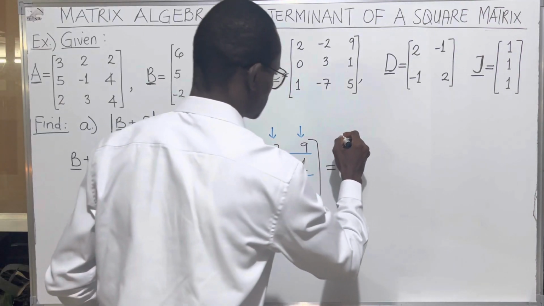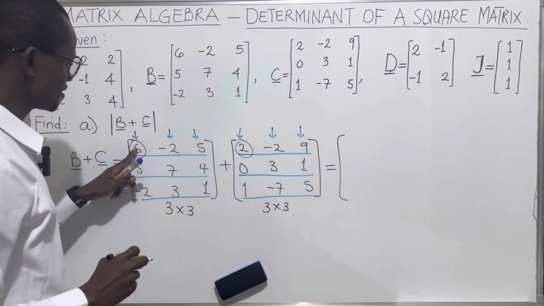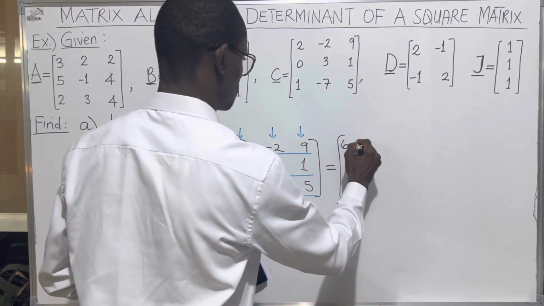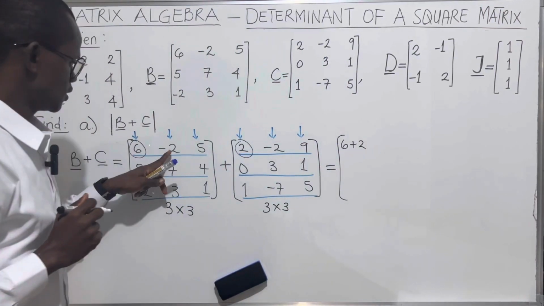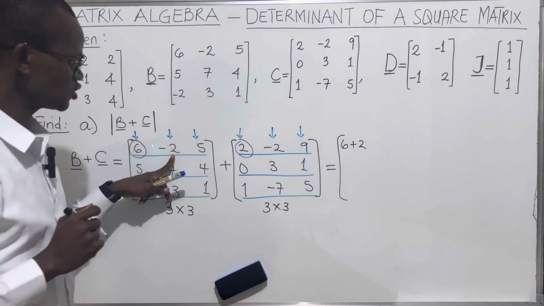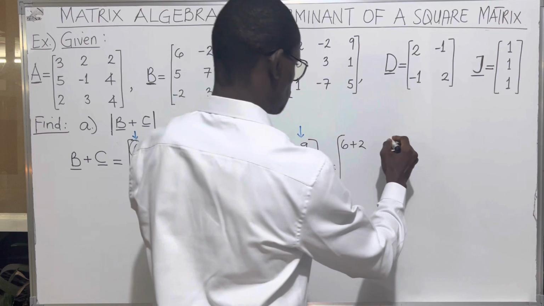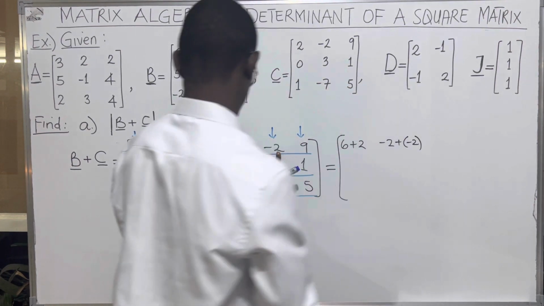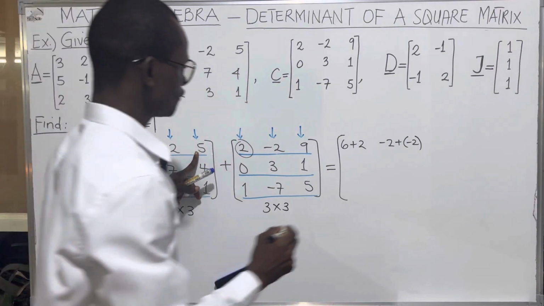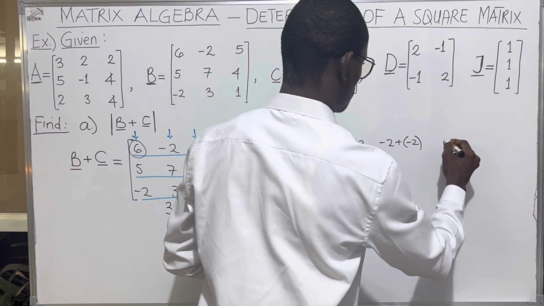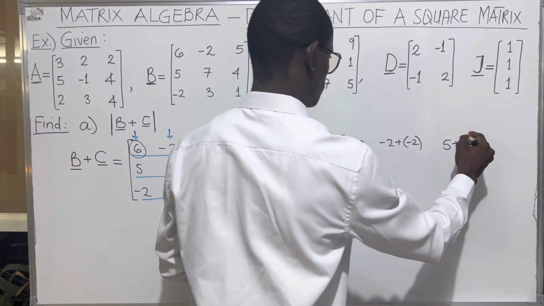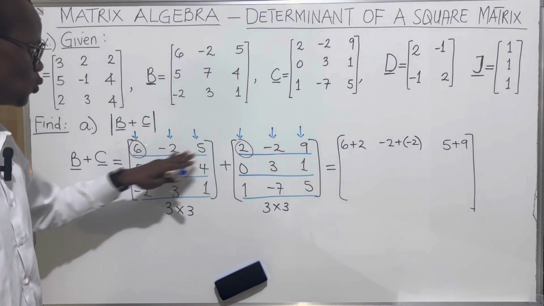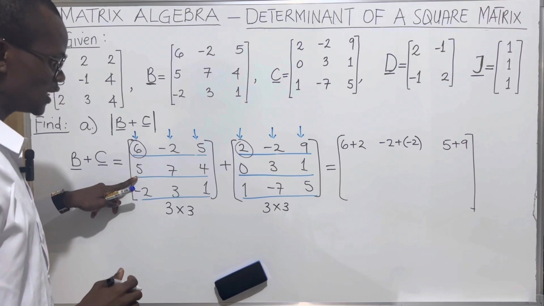So let's add them now. We have 6 plus 2. Then we go to the next position, minus 2 plus minus 2. Then here we have 5 plus 9. So we've added all of the elements in the first row. Move to the next row.